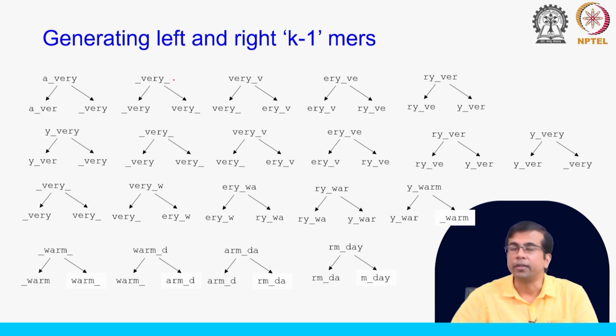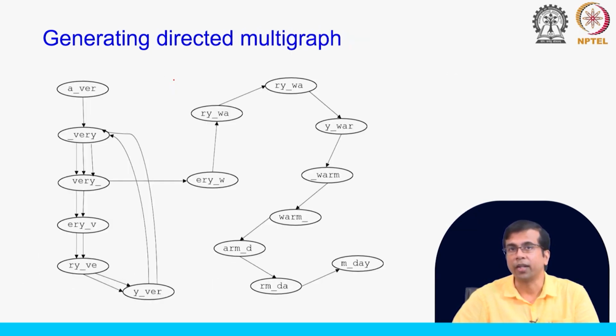Once we have built these, we can build the directed multi-graph, and this is how it looks. Again the process is exactly the same as before. We add edges between the left k minus 1 mer and the right k minus 1 mer, and we keep adding edges, ending up with multi edges, until we exhaust all the reads that we have.